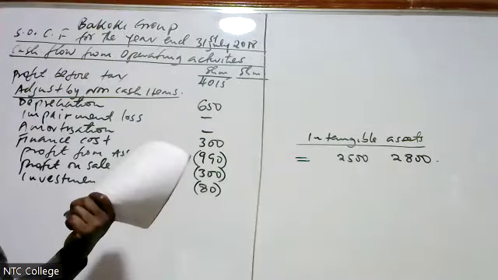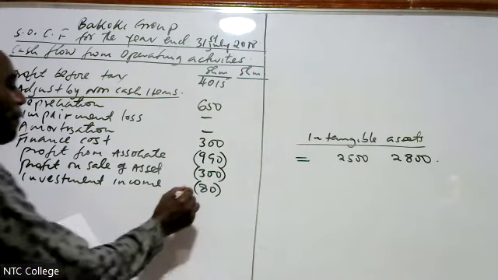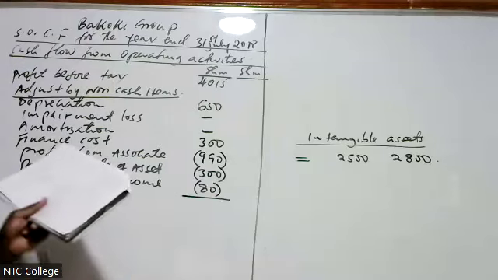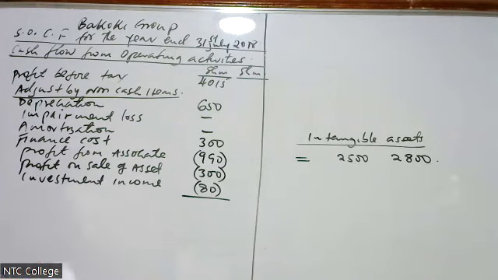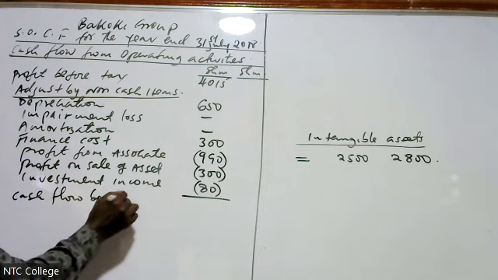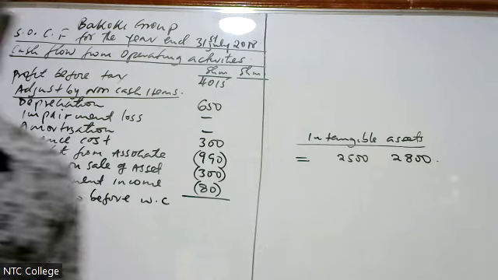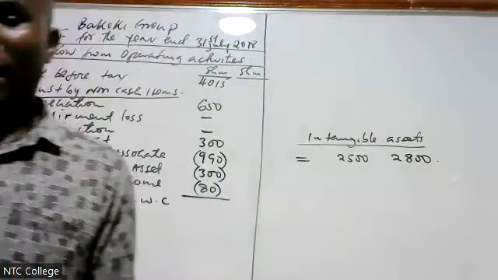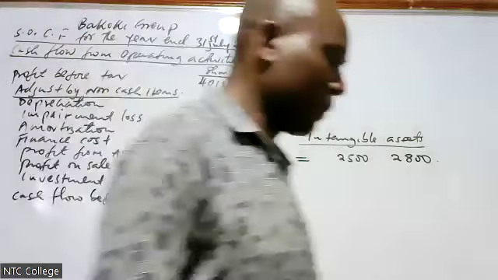Then in the additional information, if you sold any asset or anything happened that necessitates additions, you do it. Therefore here, I believe when you take from revenue to profit before tax, those are the items that we add back. Therefore we say cash flow before working capital items. You help Mwalimu there.